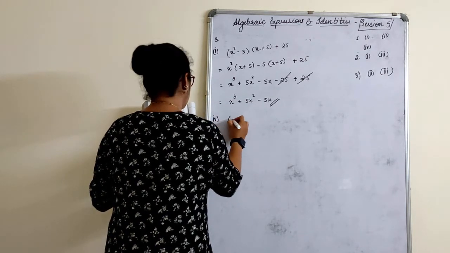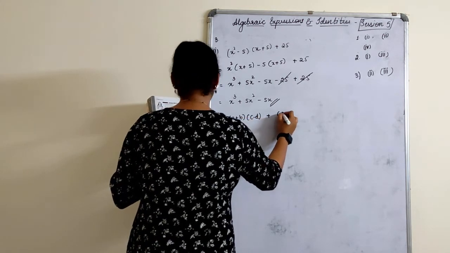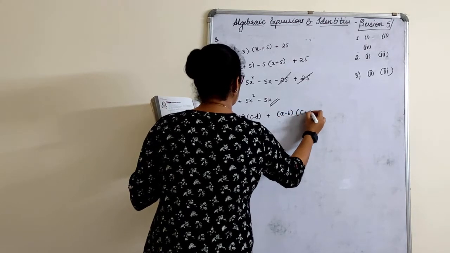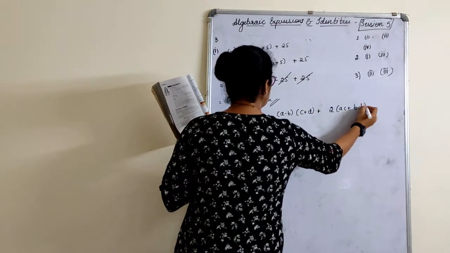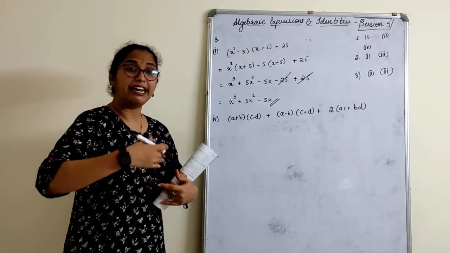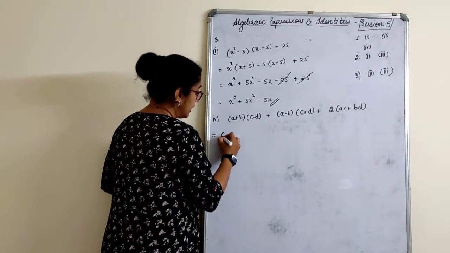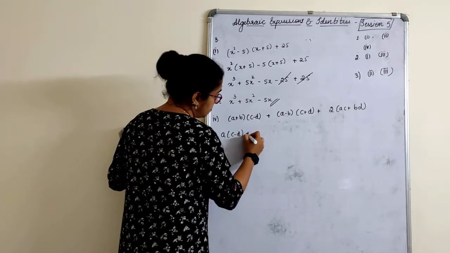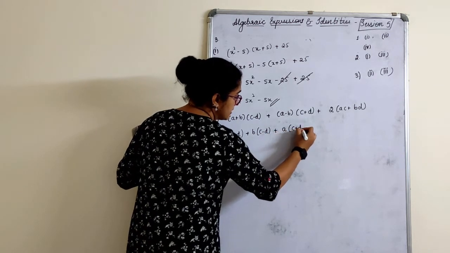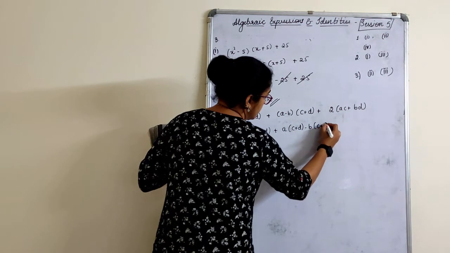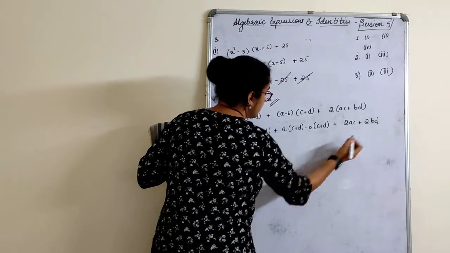Fourth one I will start. a plus b, c minus d plus a minus b, c plus d plus 2 of ac plus bd. It is a combination of a binomial and addition all together here. We go on doing simultaneously. a of c minus d plus b of c minus d plus a of c plus d minus b of c plus d plus we will multiply 2ac plus 2bd.